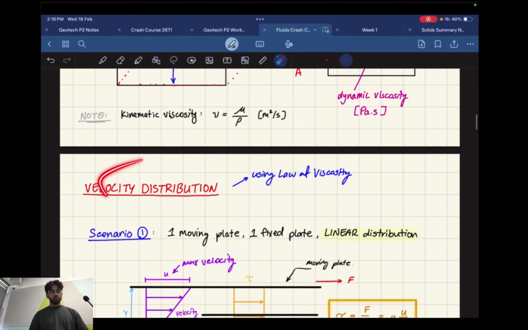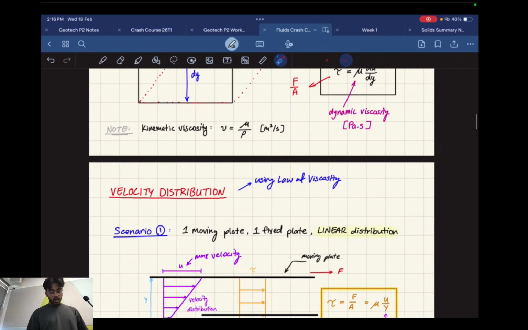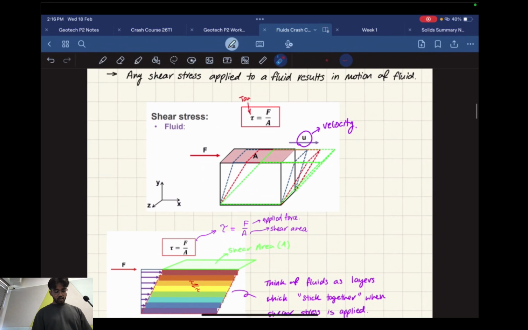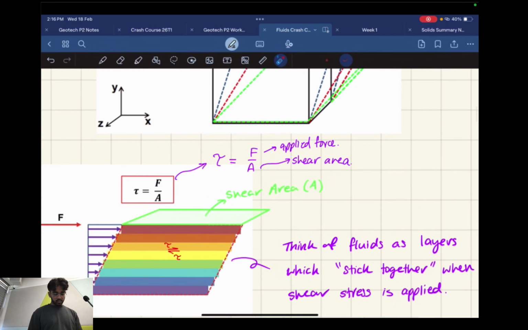So there's something called a velocity distribution, which I'll cover in just a sec. But before that, let's go through this formula really quick. Tau is equal to F on A, where F is your applied force and A is the shear area.